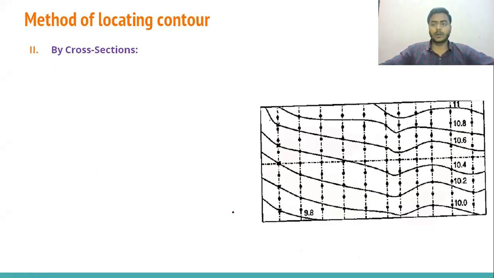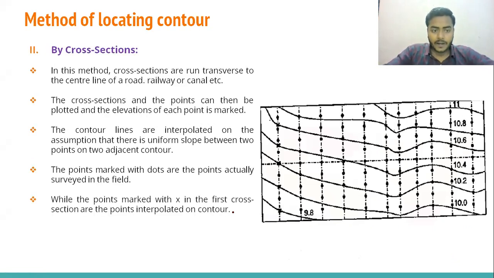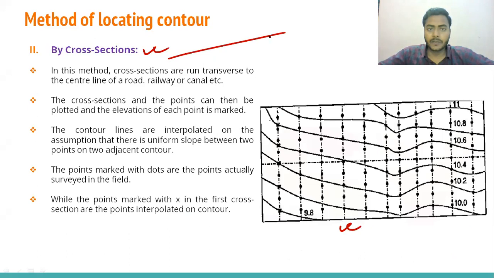The next method is by cross section. You can see in the figure what we do. We generally use the cross section procedure when we are doing cross sections traversing the center line of a road, railway, or canal.